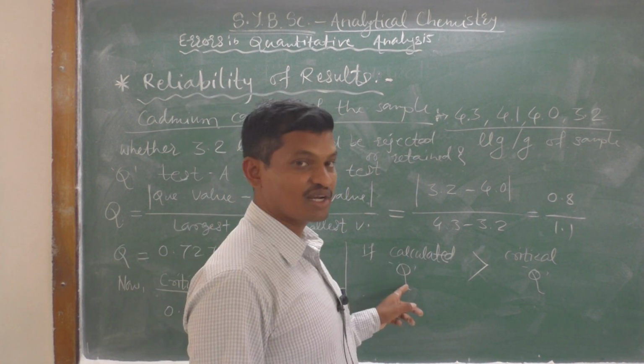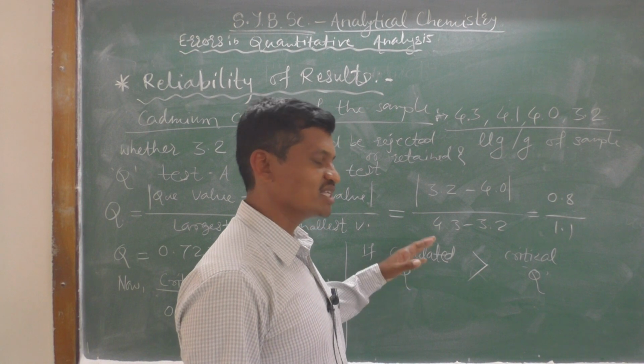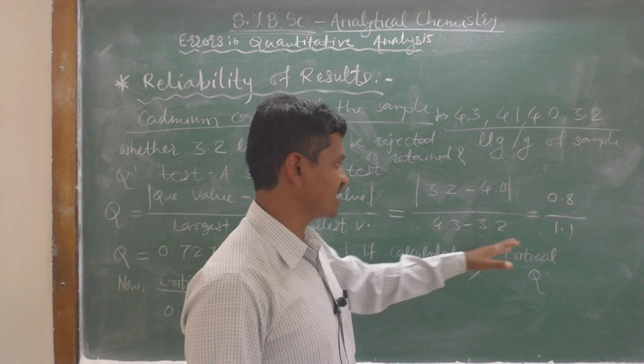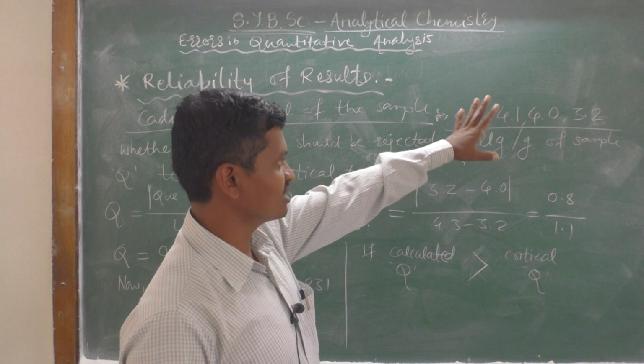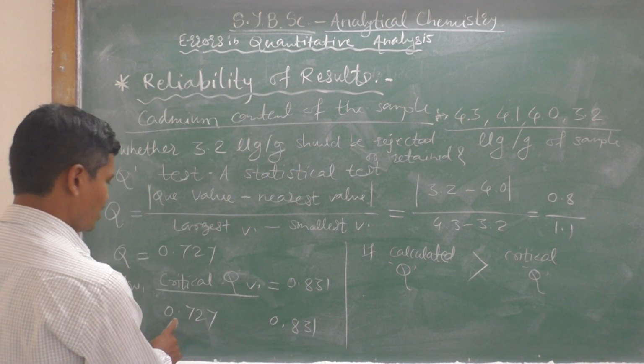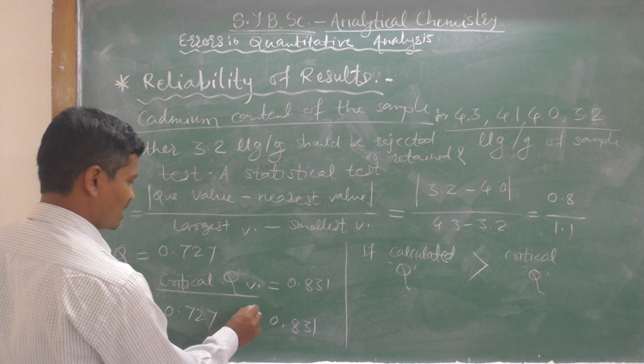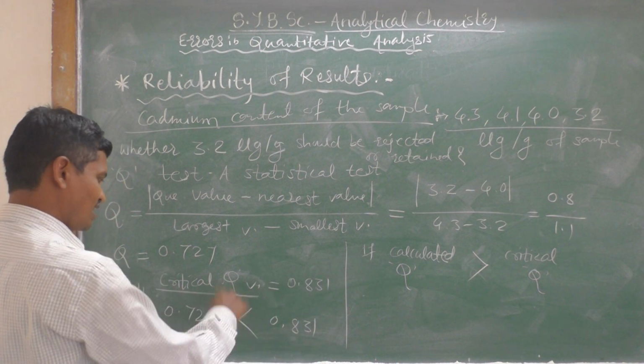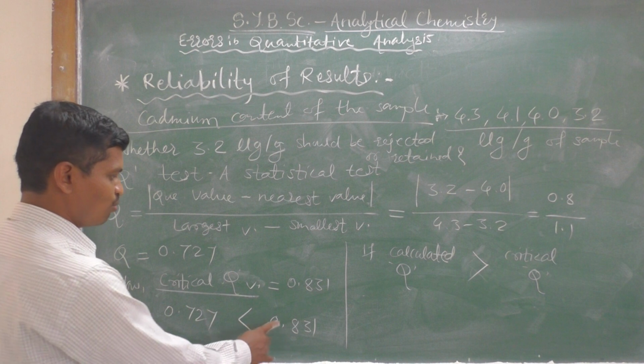If the calculated Q value is greater than, or exceeds, the critical Q value, then we should reject that questionable value. Now here the calculated value is 0.727 and it is less than the critical Q value 0.831.